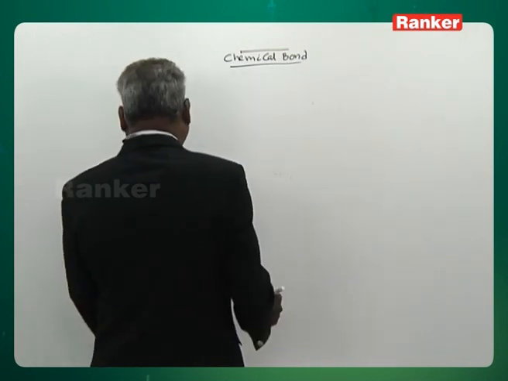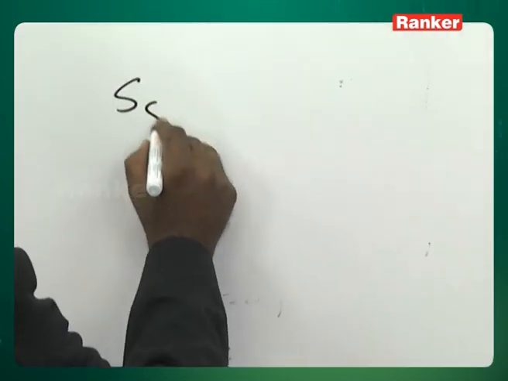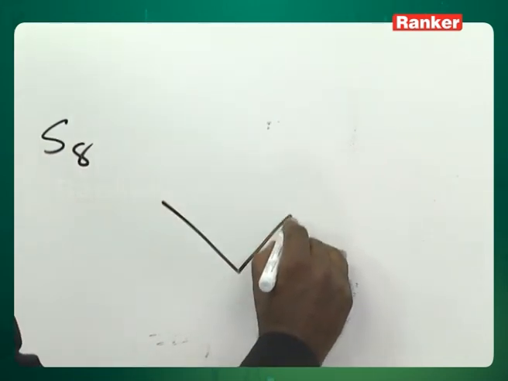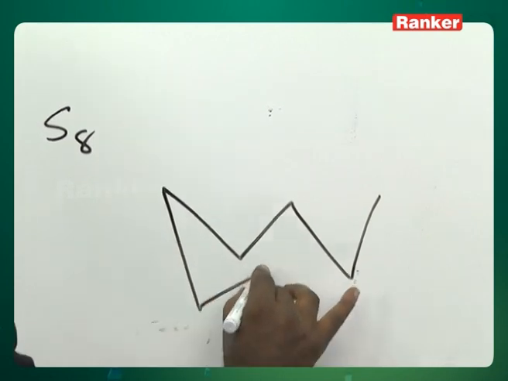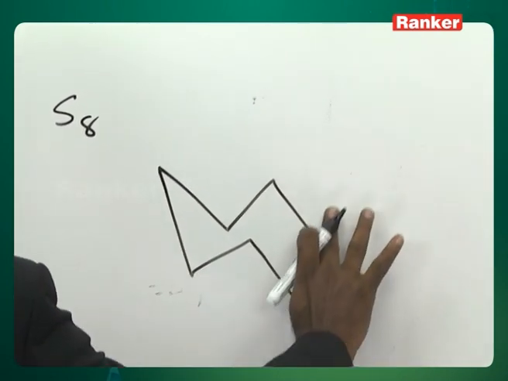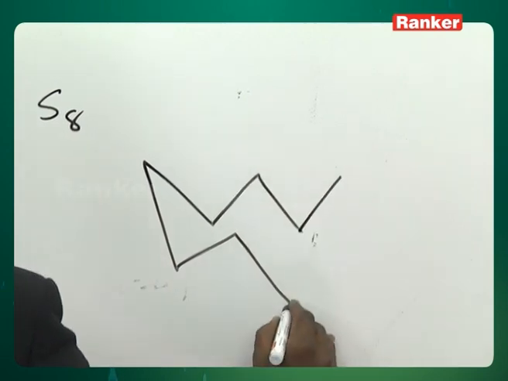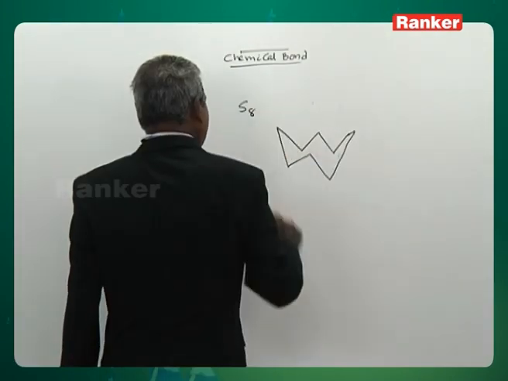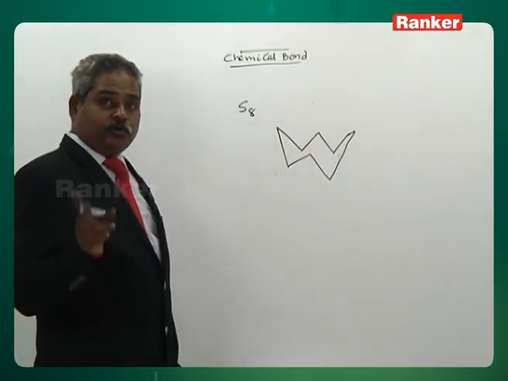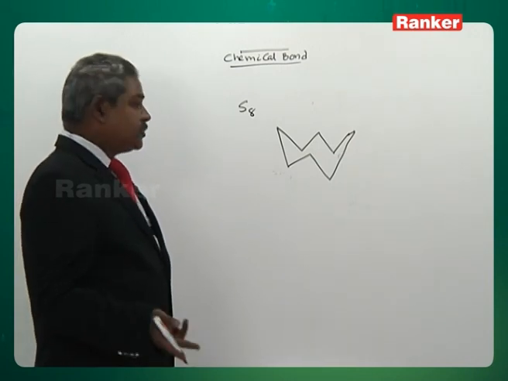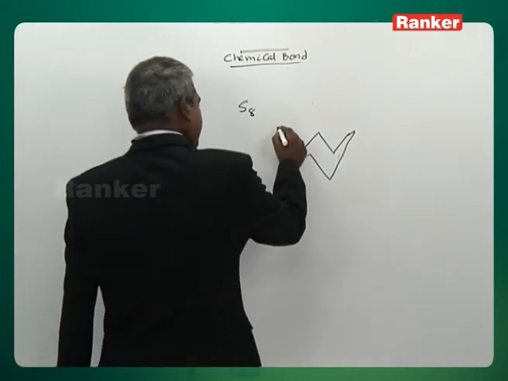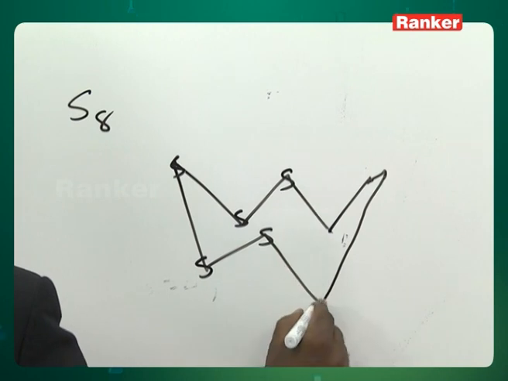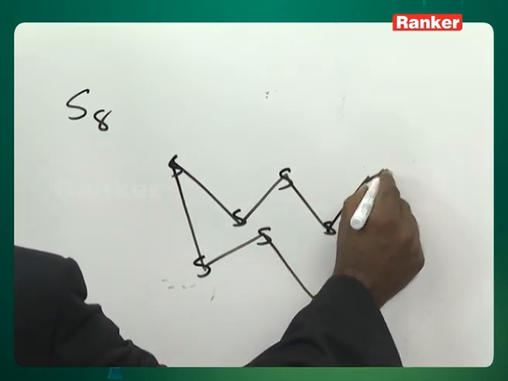S8, 8 sulfur atoms in one molecule. You should write 8 sulfur atoms. You also know when sulfur forms two bonds, it is left with two lone pairs. Two bond pairs and two lone pairs, so each sulfur should have a V shape around it. If you have sulfur here, there is a V. The other two sulfurs should be in a V. Now you are seeing so many V's here.